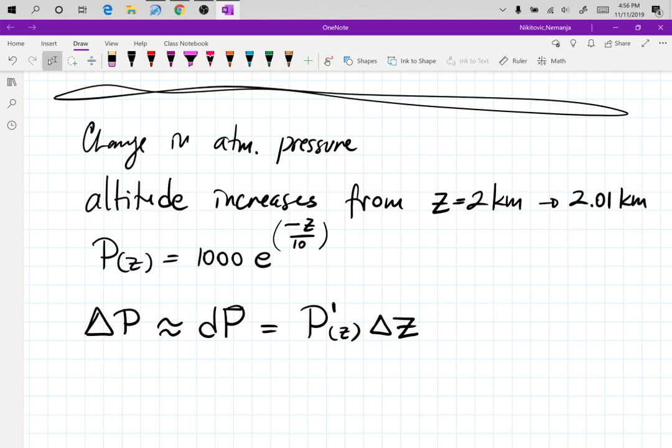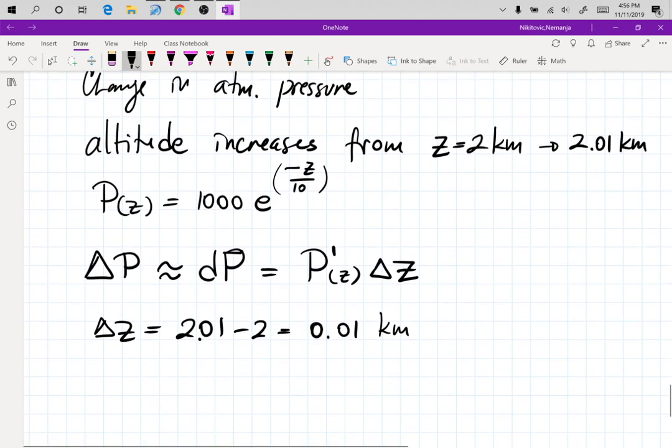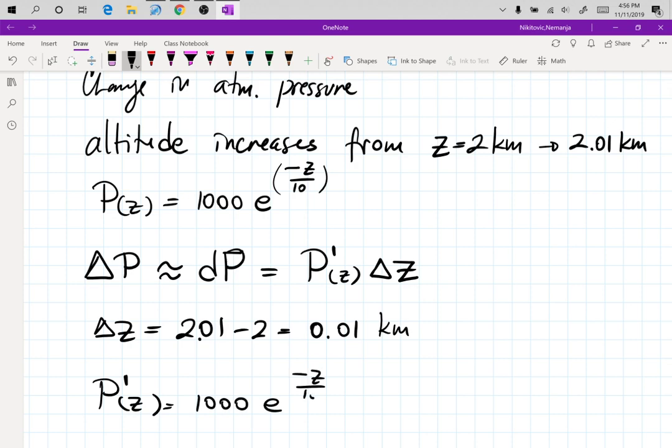So I'm just swapping this for the variables that are in this problem. Now, delta z is new minus old, so 2.01 minus 2, which is 0.01 kilometers. So now I have delta z, and now I need the derivative, and that is going to be 1000 e to the negative z over 10 times negative 1 over 10.